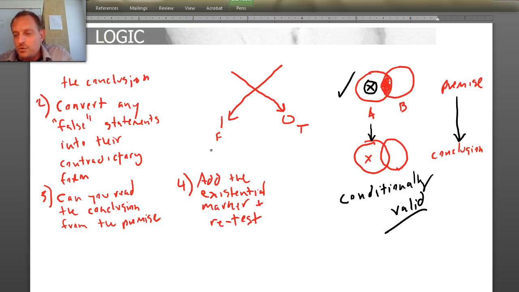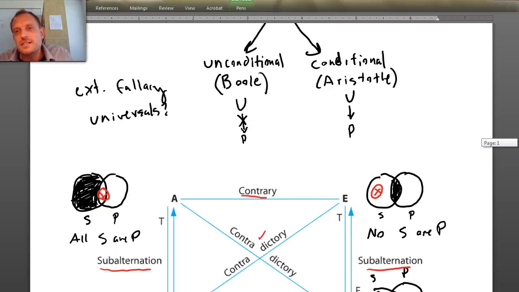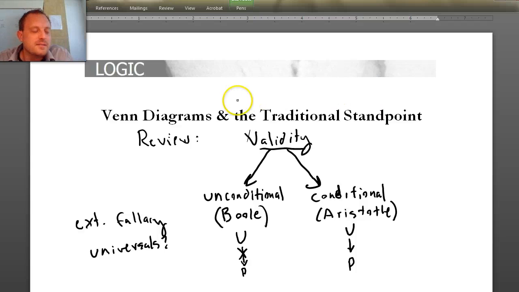This may seem maybe too nitpicky actually. But you're going to see by the end of the next chapter, chapter 5, that this existential marker in Venn diagrams is actually really important for testing the validity of categorical arguments.